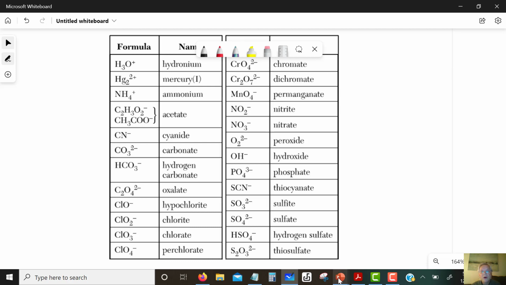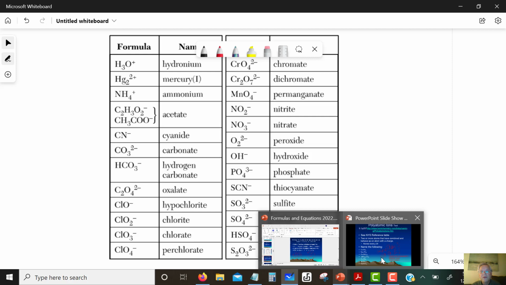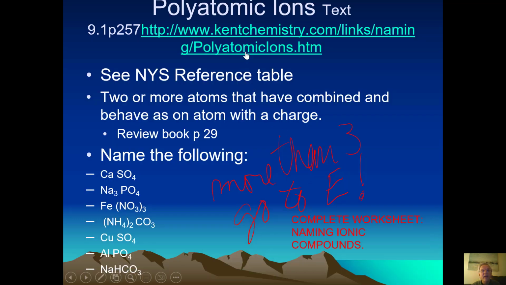So there are examples. If you go to the chemistry page at this point, once we finish watching this, you should go and watch him explain how to do problems naming polyatomic ions.